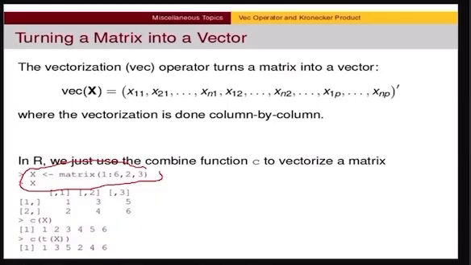I have the numbers 1 to 6, and I want them in 2 by 3. If I want them in 2 by 3, I first create a matrix. This is a matrix of 2 by 3. And of course, when you look at the columns of that, it's 1, 2, 3, 4, 5, 6, which is what you see in here.